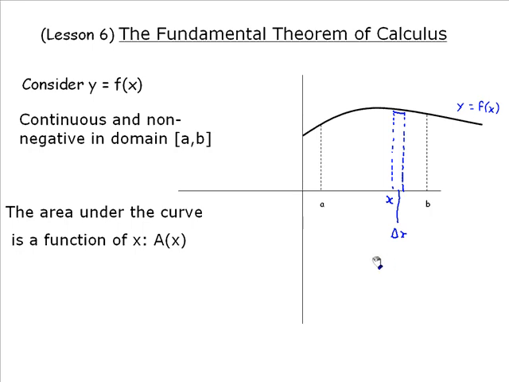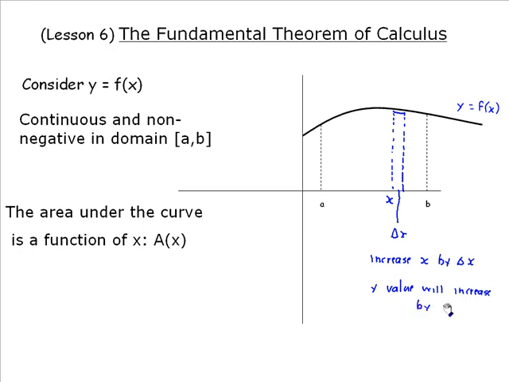So therefore, if you increase the x value wherever you are in that interval by delta x, it probably makes sense to you that the y value will, I'm going to use the word increase, but if you're going down, it would be a negative increase, a decrease.